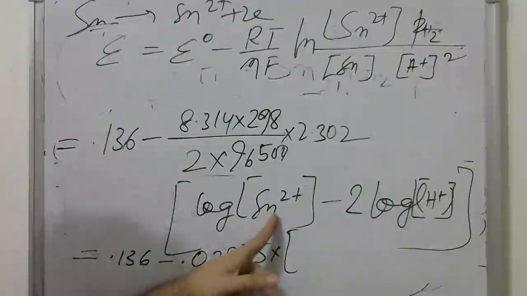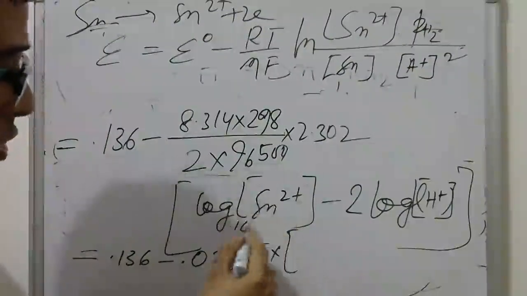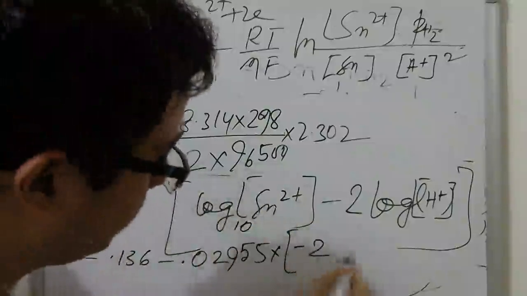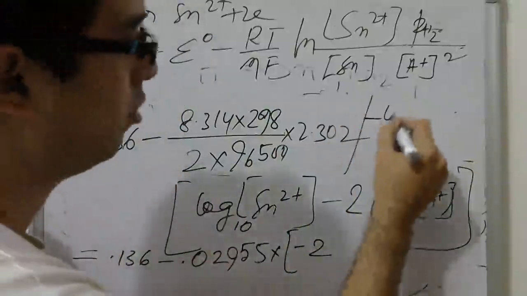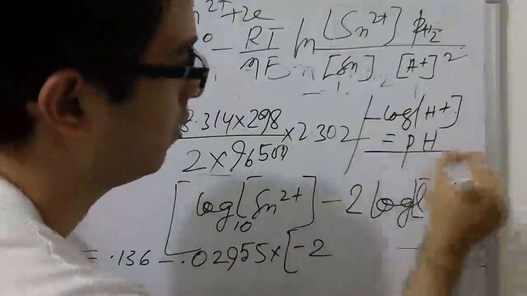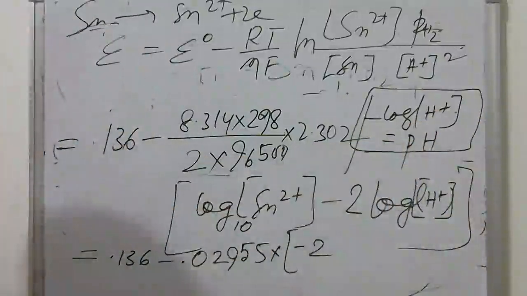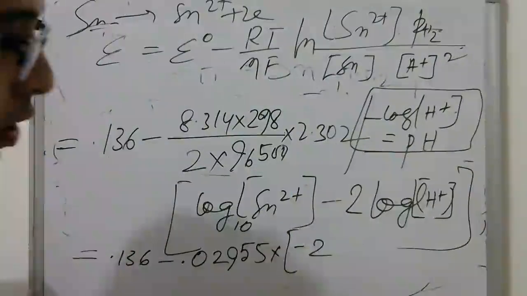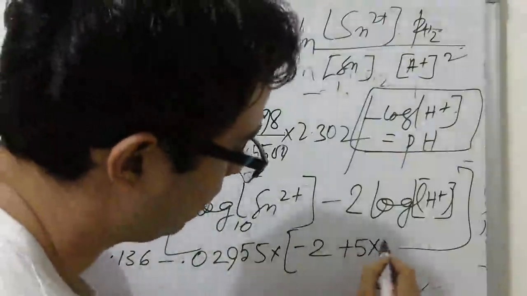Sn2+ concentration is given 10 to the power minus 2, molal, yes. It's log base 10, so minus 2 comes out. Now minus logarithm of H+ ion is your pH, right? So that value is set to be 5, I guess. So it becomes 5 into 2.